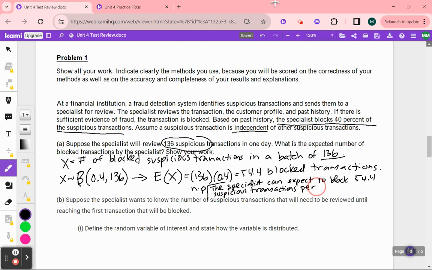Well, we'll say per 136 suspicious transactions, in the long run. Period.